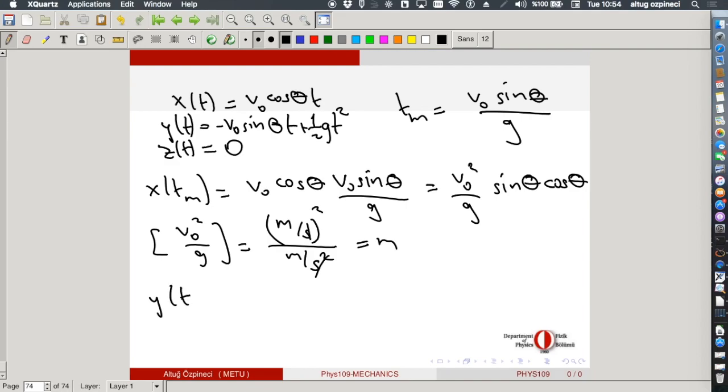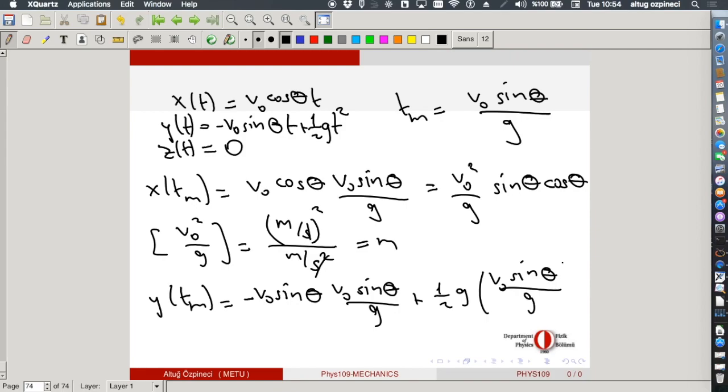What about the height? This is minus v0 sine theta times v0 sine theta over g, plus 1 over 2 g times v0 sine theta over g squared.